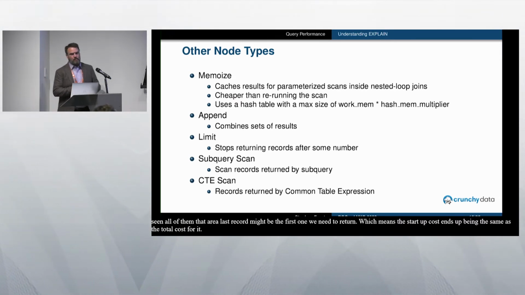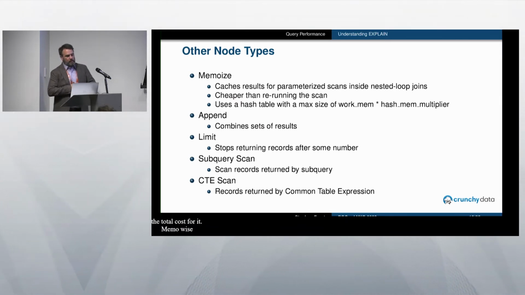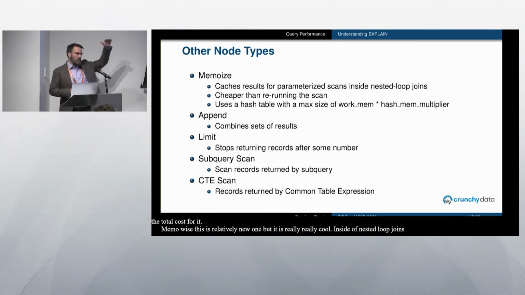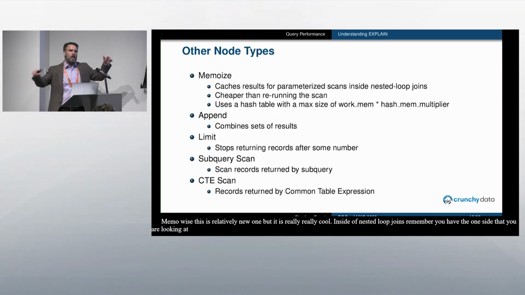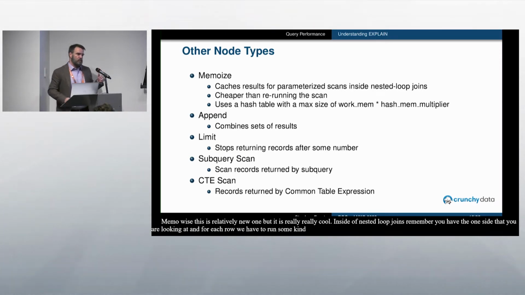Memoize is a relatively new one, but it's really cool. Inside of nested loop joins, remember, you have the one side that you're looking at, and then for each row in that side, we have to run some kind of subquery or index scan for each one of those rows.